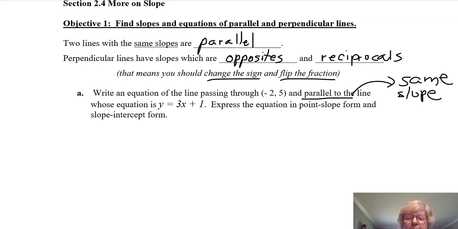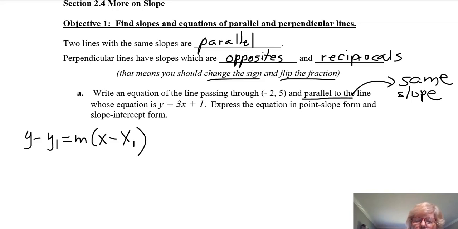So it says write that in point slope form. So it would be y minus y1 equals m times x minus x1. That's the point slope form. The x1, y1 would be the numbers given. So I have y minus 5, and then I have x minus that negative 2.